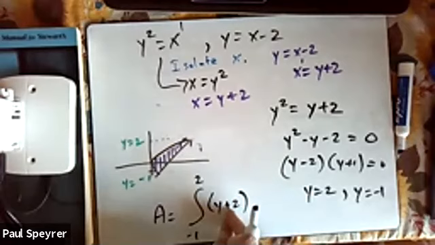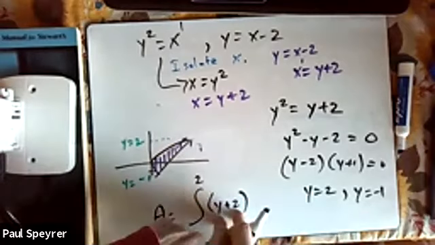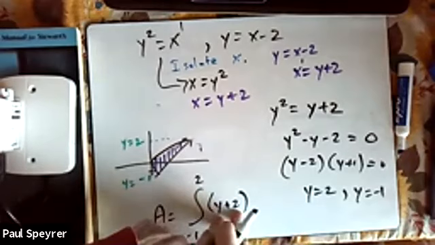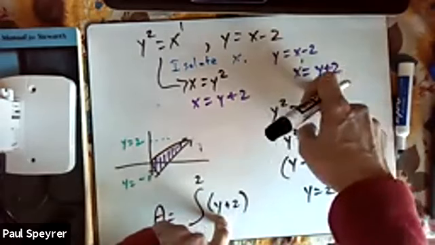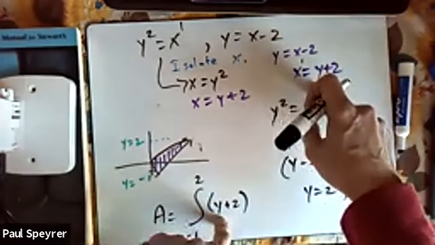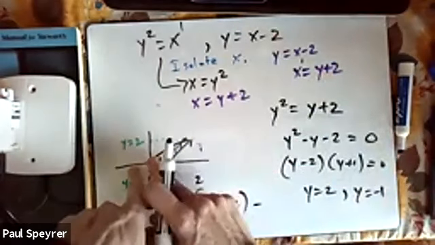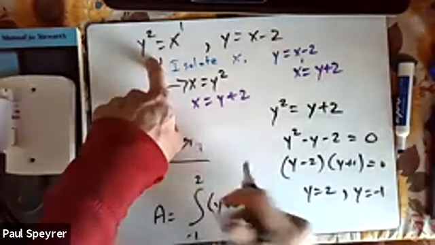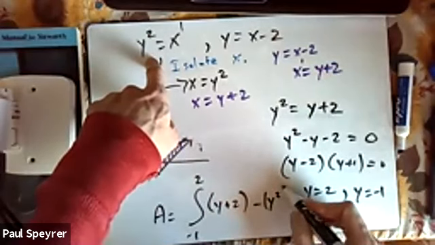When you're integrating with respect to x, everything was x stuff. But because we're integrating with respect to y, it's got to be y stuff. So we have to use our manipulated equation that we got right here when we were trying to figure out the intersection. And it's minus the leftmost equation. What's your leftmost equation in this case? The y squared. And then it's dy.